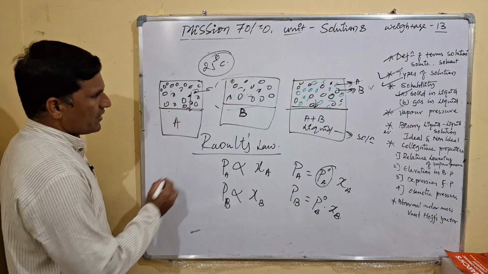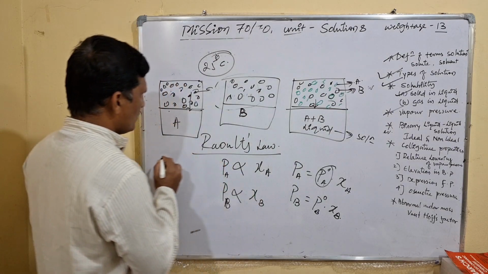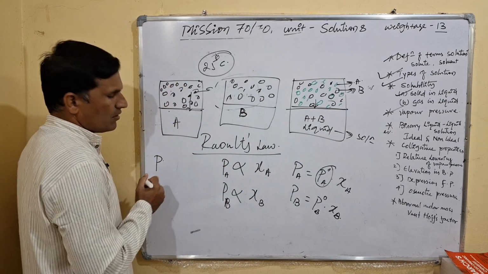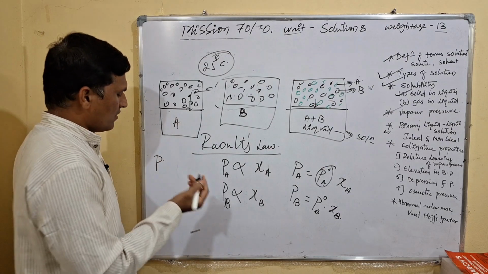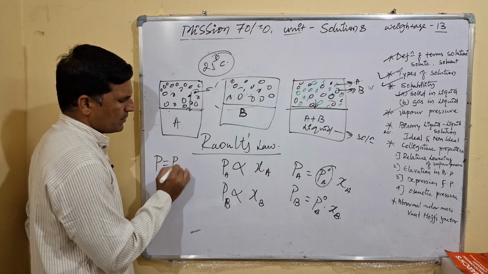And from Dalton's law we know that the total pressure of any mixture of gases or vapors is equal to the sum of the partial pressures.